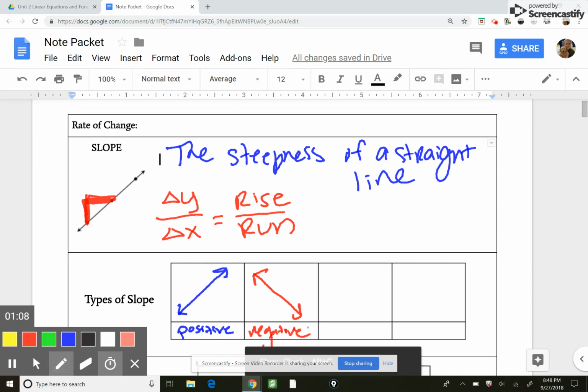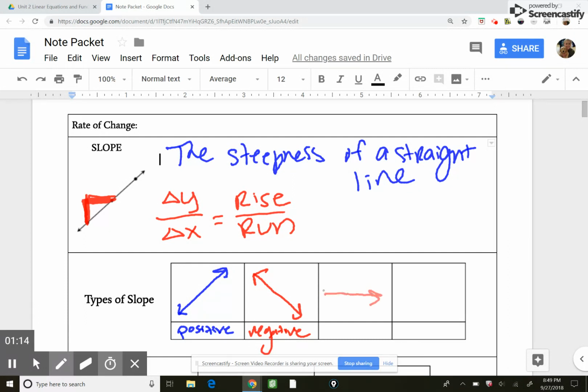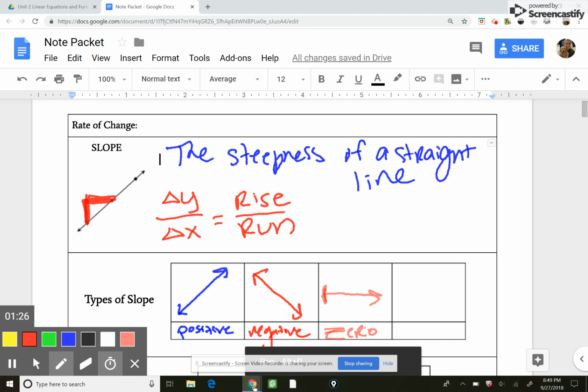And then the two that people always flip-flop. You have your flat horizontal line. This horizontal line is a 0 slope. And then you have your vertical line.